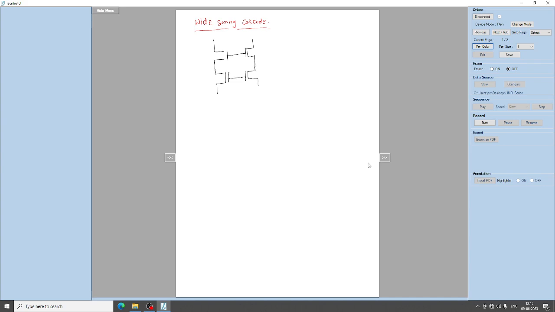In the upper side, we bias the transistors M1 and M3 externally by giving an external voltage, say for example 1.5 volt. We are biasing the transistors M1 and M3 externally, and in the wide swing, the drain of M1 is connected to the gate of M2.